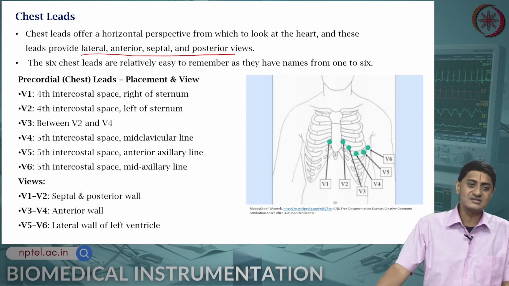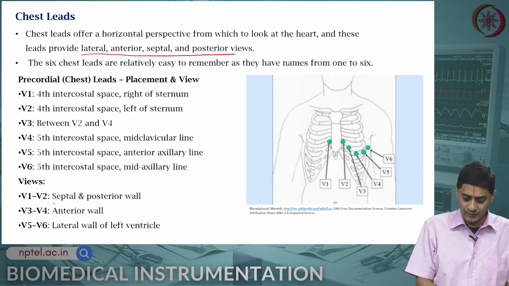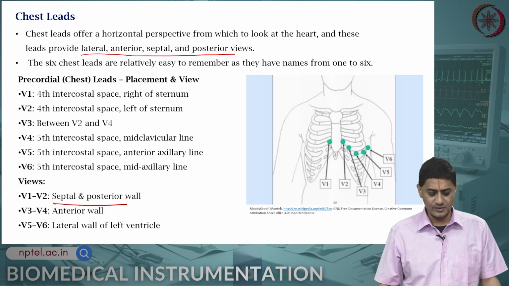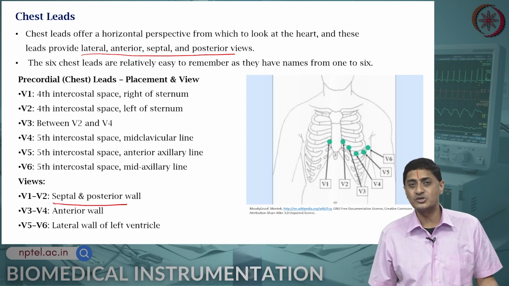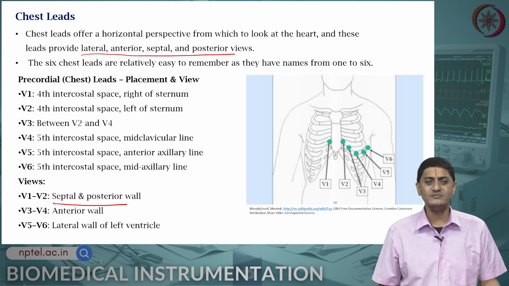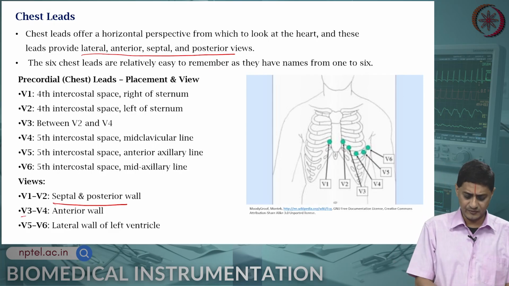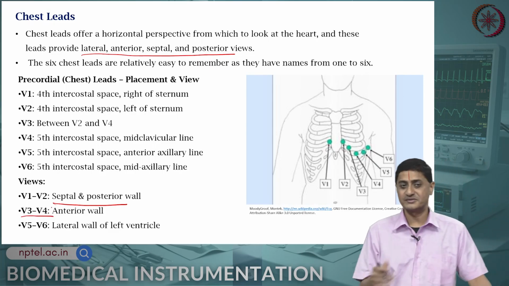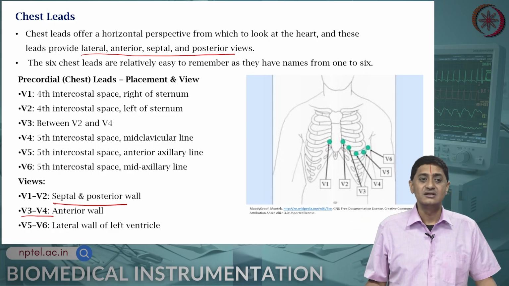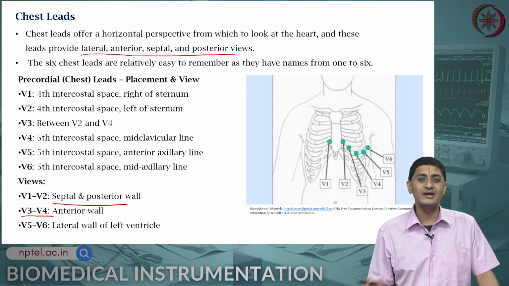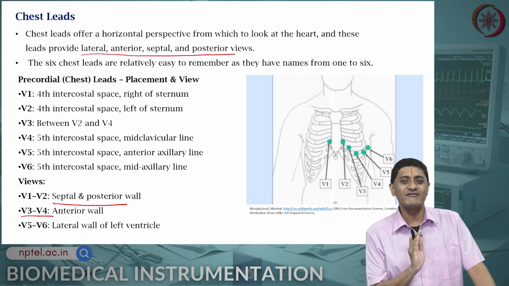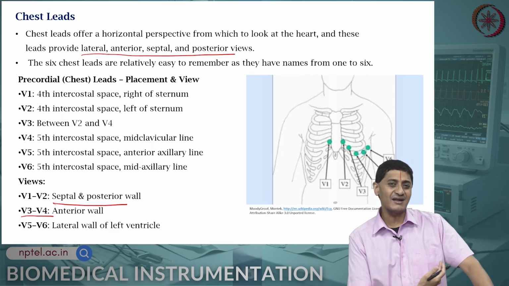So, this means that V1 and V2 will provide septal and posterior wall. V3 and V4 will provide anterior wall, front, posterior means back. V5 and V6 will provide the lateral wall of the left ventricle, because they are on the side.